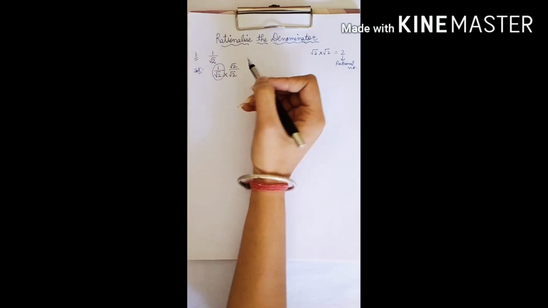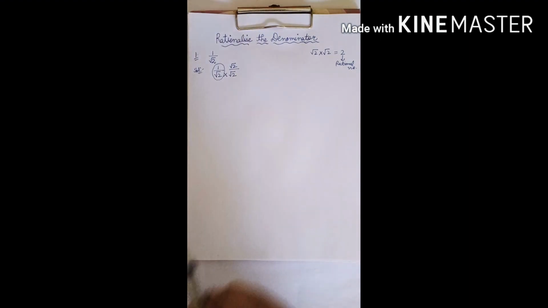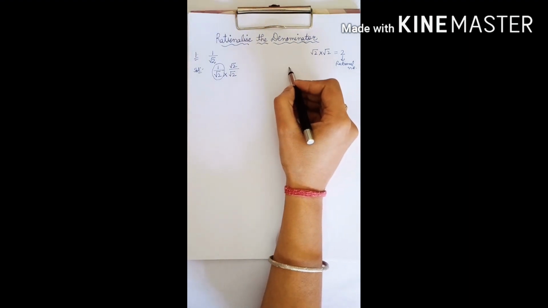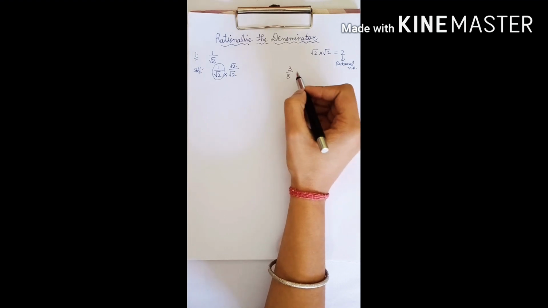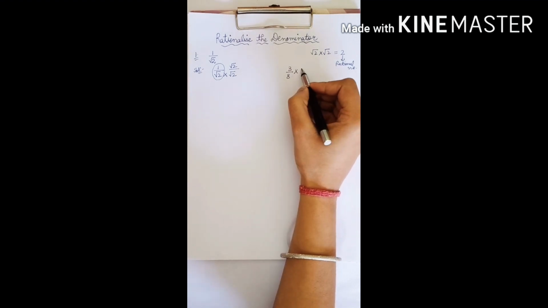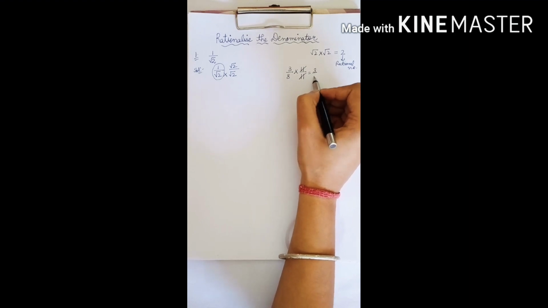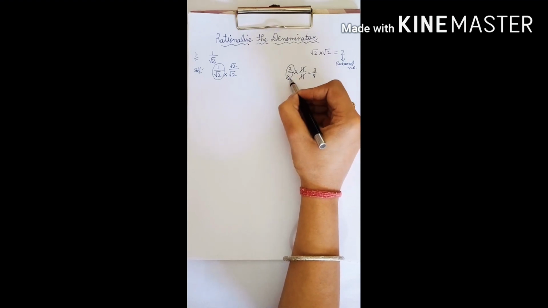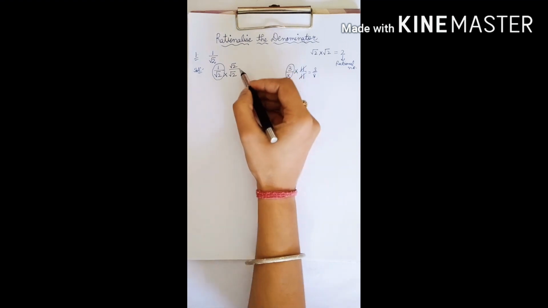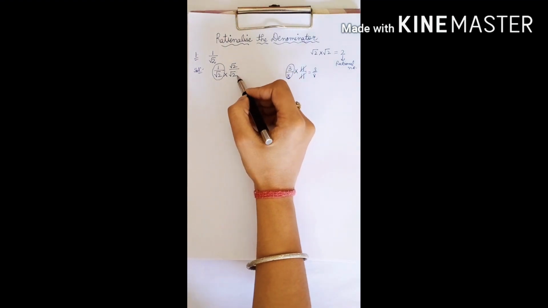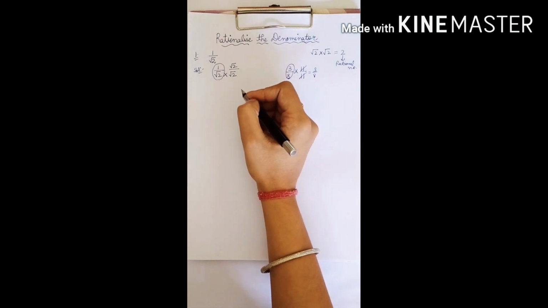In the numerator, suppose there is 3 by 8, if I multiply it by 11 and divide it by 11, after cutting, we will get this number only, 3 by 8. Therefore we multiply the same number in the denominator as well as in the numerator.